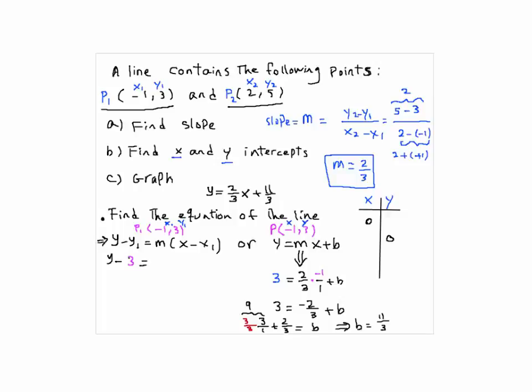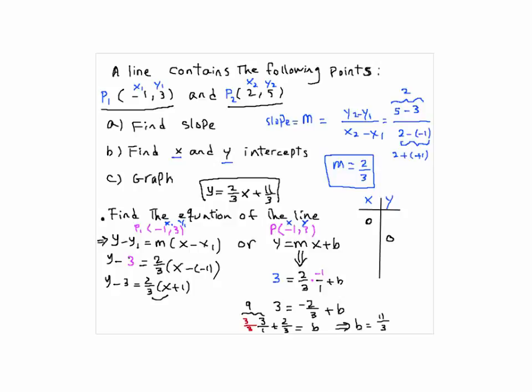Your slope is still 2/3. X minus x1 is -1. So you get y minus 3 is equal to 2/3 times x plus 1. Now if you solve this for y, you get the same answer as here, which is, this is a lot easier, right?